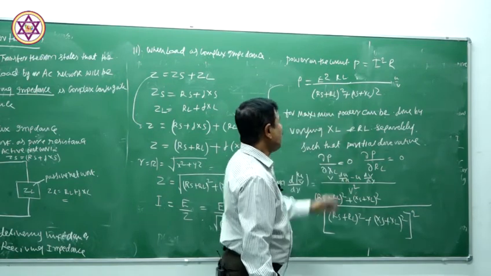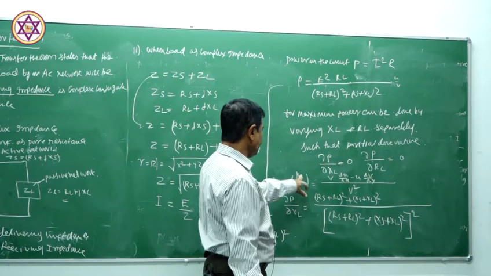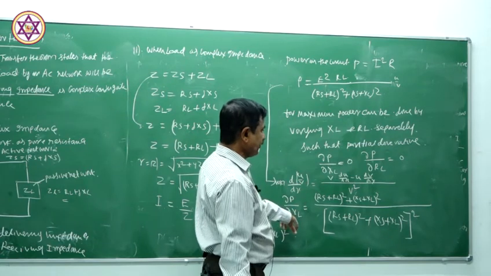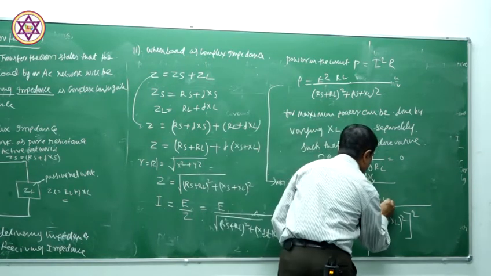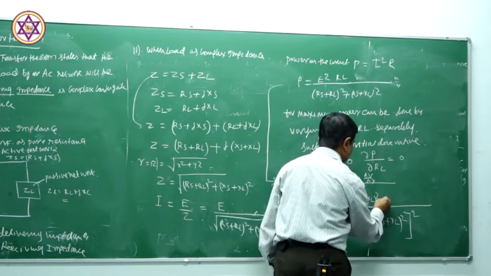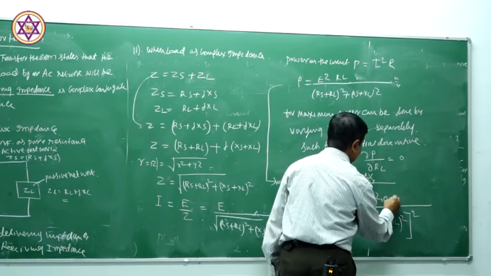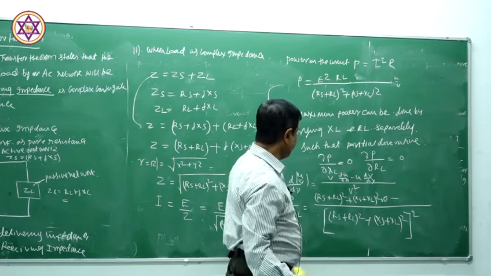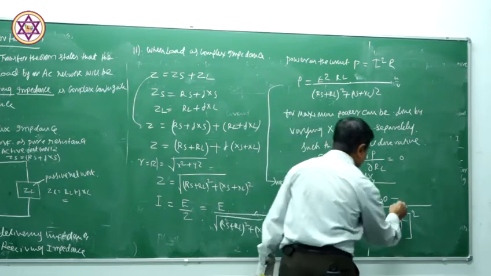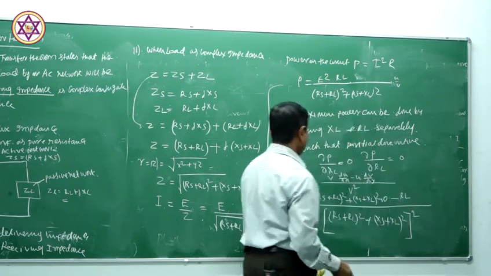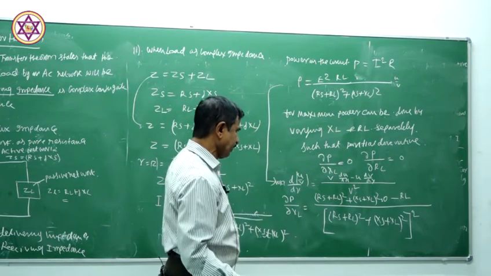U is here RL. What is the differential of RL with respect to XL? It is 0. Therefore, into 0 minus, so again, u is RL.